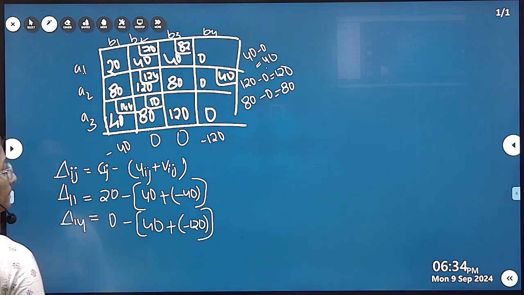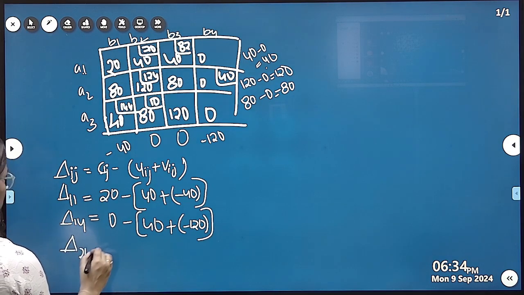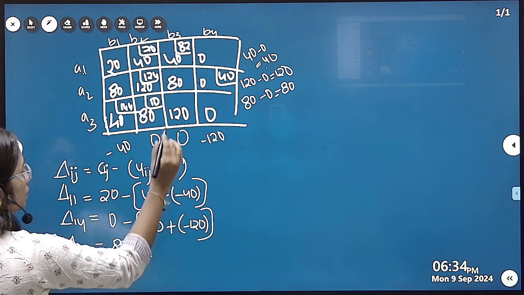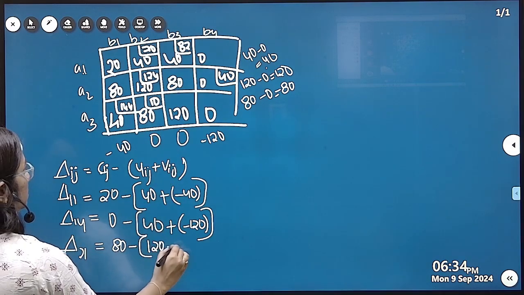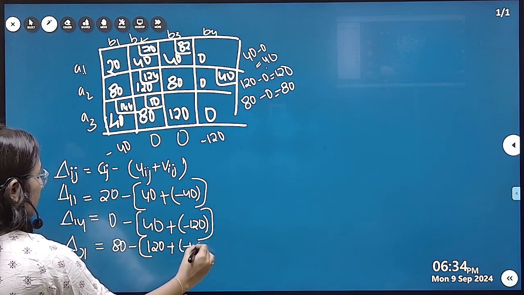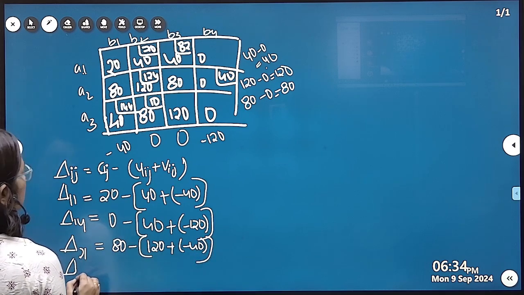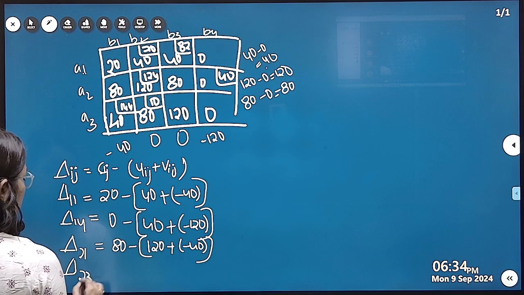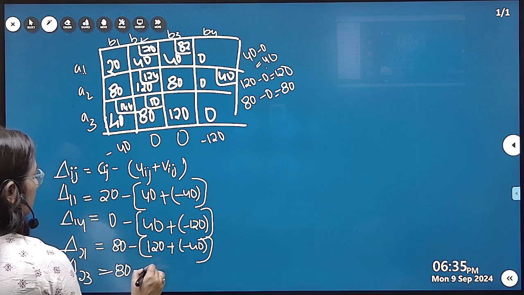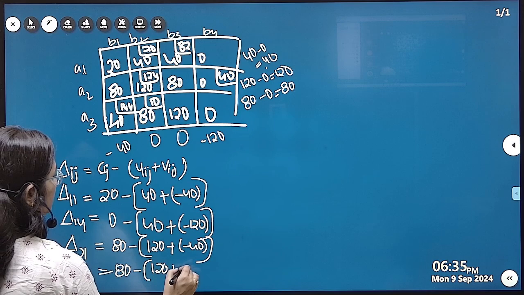The next unallocated cell is 2,1: 80 minus 120 plus minus 40. The next unallocated cell is A2 B3: 80 minus 120. Everyone online, is that clear or not?